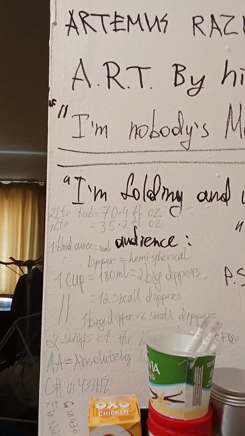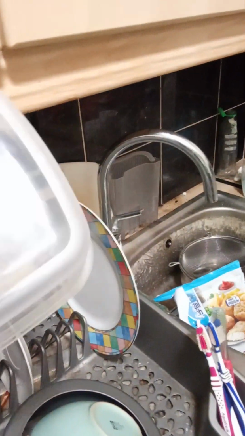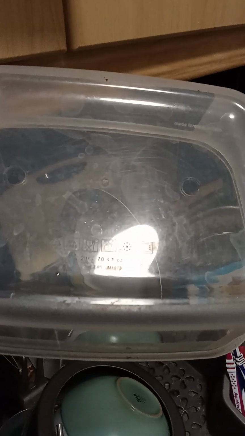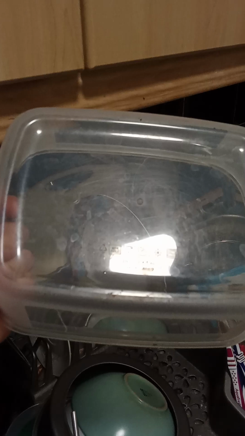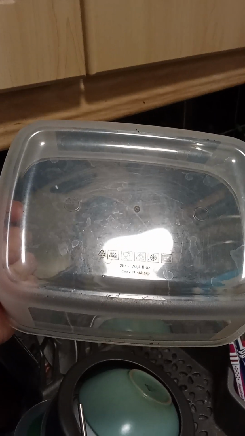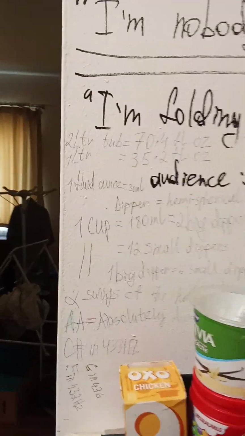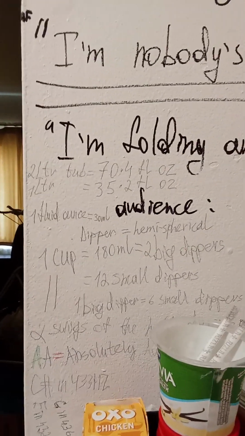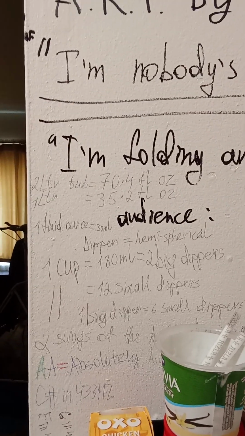So the 2-liter tub, which I have over here, is 70.4 fluid ounces with a Z, right? So 1 liter of that would be 35.2 fluid ounces with a Z.